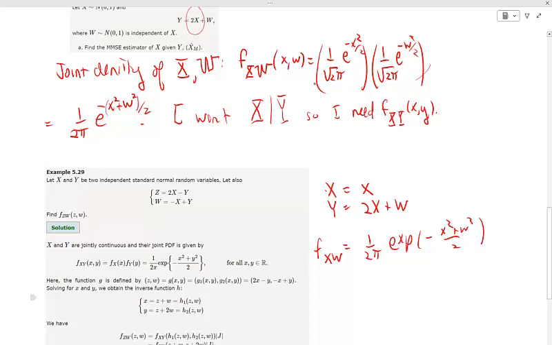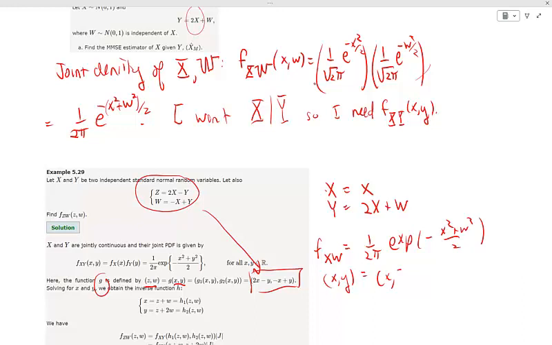Now, we want to define the function g, where zw is a function of x and y. And here they've just translated this function with random variables into a function of ordinary variables. So in my case, I want to get xy, and that's just going to be equal to x and then 2x plus w. Okay.